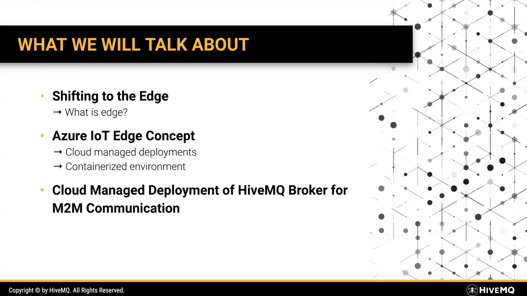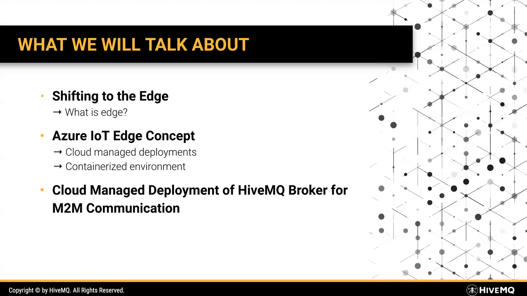So actually, how does Azure respond with its services and offerings to actually resolve some of the problems that IoT has over there? So yeah, we will talk today about why it's important actually to first shift to the edge, and as well actually how to have cloud managed deployments and how to orchestrate some of the workloads that are actually running near the factory or near the shop floor or somewhere closer to the devices and machines.